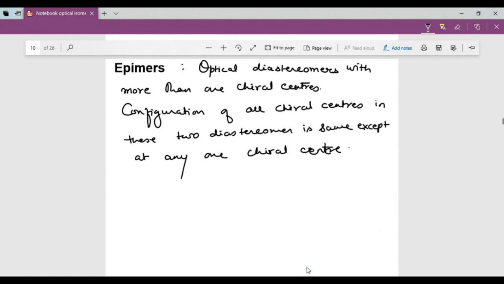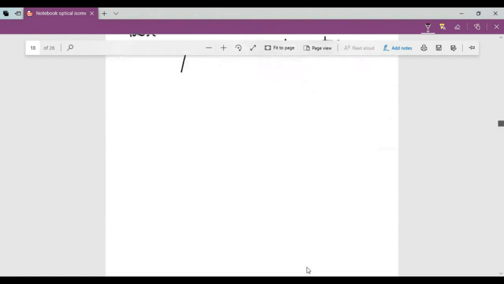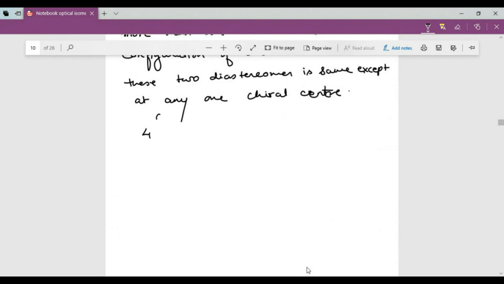Okay. For example, glucose has four chiral centers.